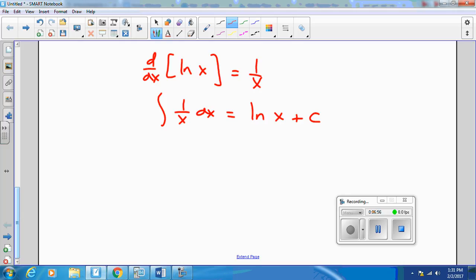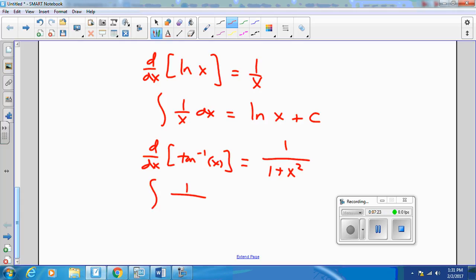Okay? Give me one that you have. The derivative of inverse tangent is 1 over 1 plus x squared. There you go. So the antiderivative of 1 over 1 plus x squared equals inverse tangent of x plus c.